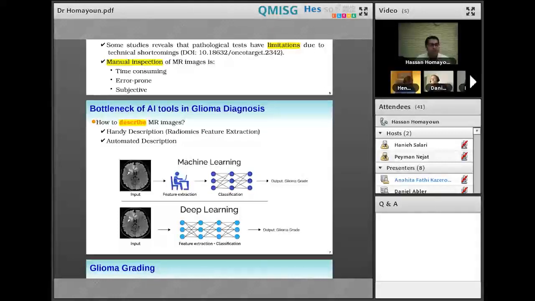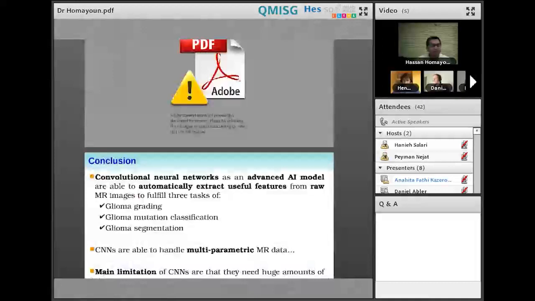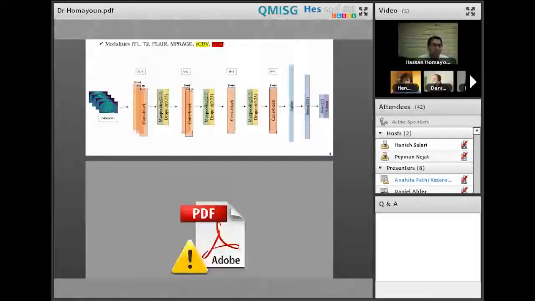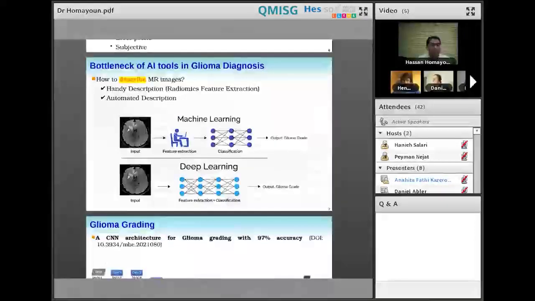When we describe images in a hand-engineering fashion, a trained person applies some algorithms and extracts some numerical features from images, then fits those features into a machine learning model or an AI model to learn the behavior of that data to produce the needed output.